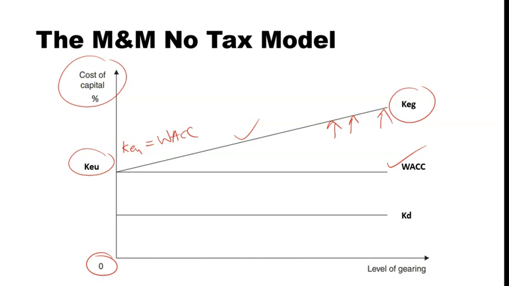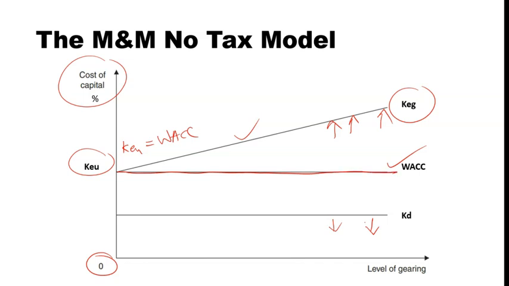However, this increase is offset by the cheapness of debt, because debt is always going to be cheaper. So the increase is offset. This is why you are seeing that there is no impact on the WACC. The WACC is just a constant line.